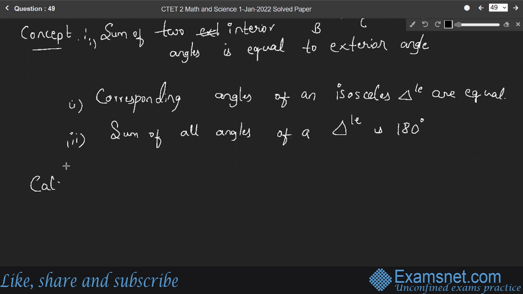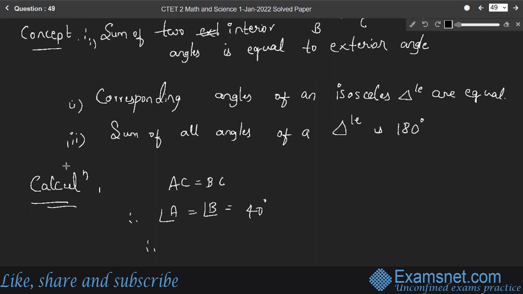Come to the calculation part. Here AC is equal to BC. Therefore, angle A equals angle B is equal to 40 degrees.